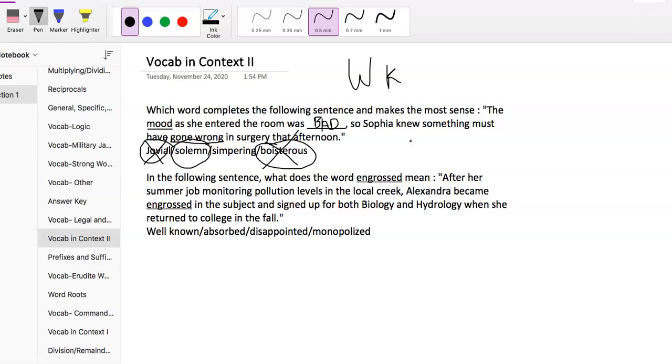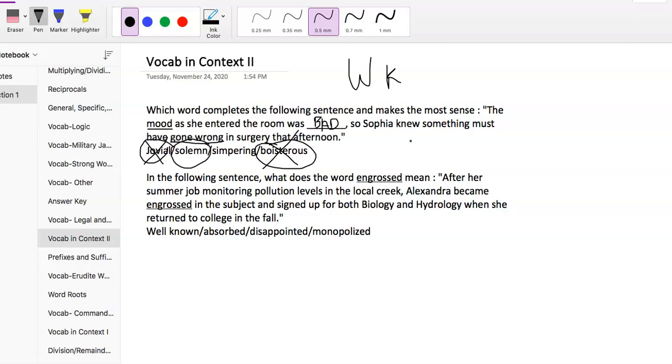The second one: in the following sentence, what does the word engrossed mean? After her summer job monitoring pollution levels in the local creek, Alexandra became engrossed in the subject and signed up for both biology and hydrology when she returned to college in the fall.